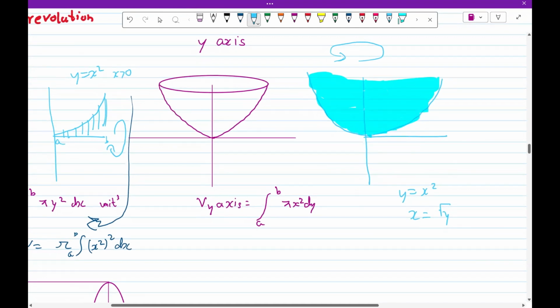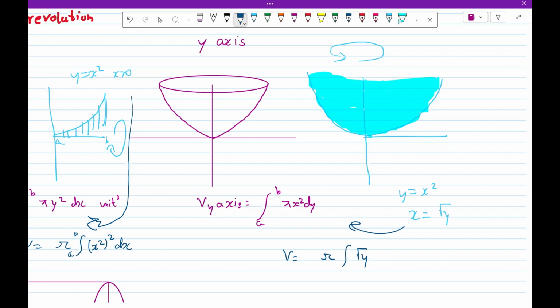Now we substitute this in, so the volume is equal to pi under root y whole square, and this simply becomes pi integral of y. That's the volume of this revolution right here.